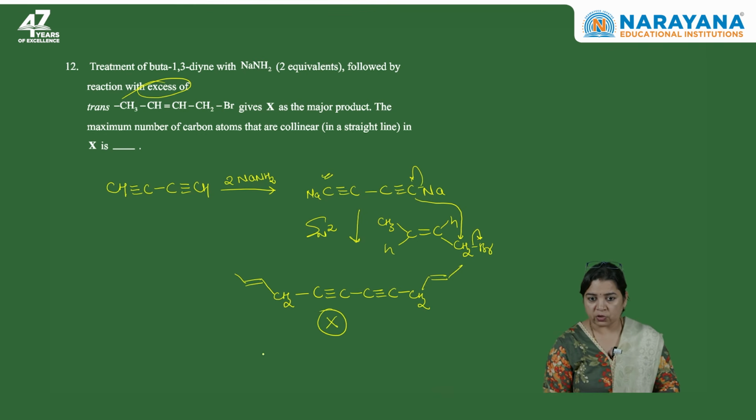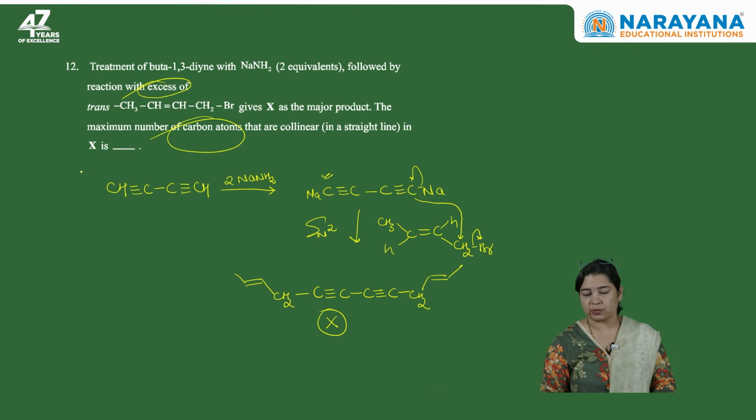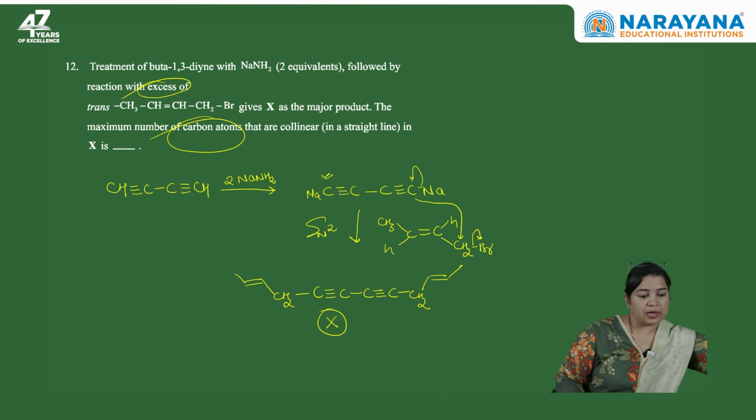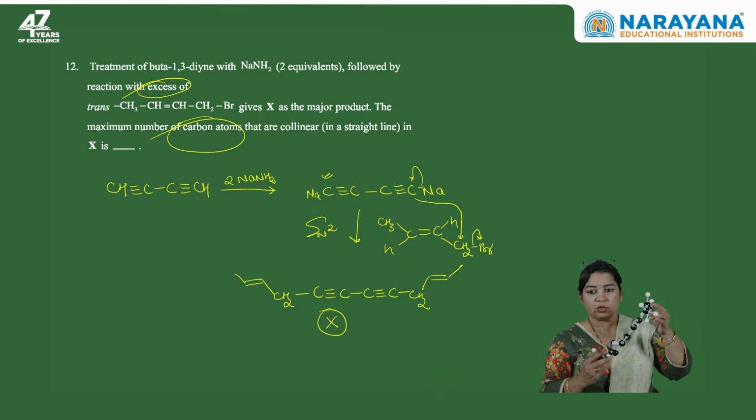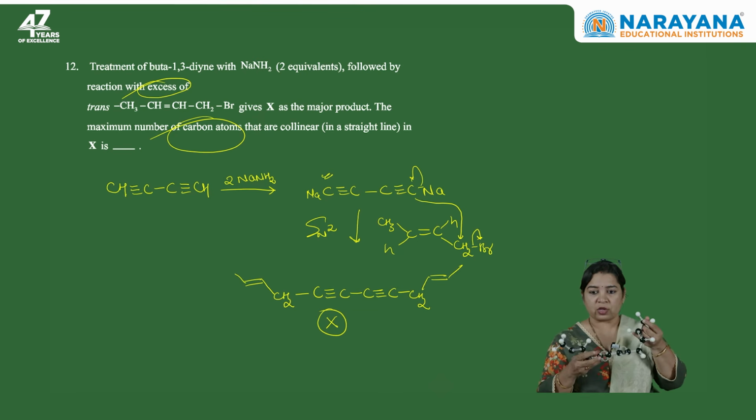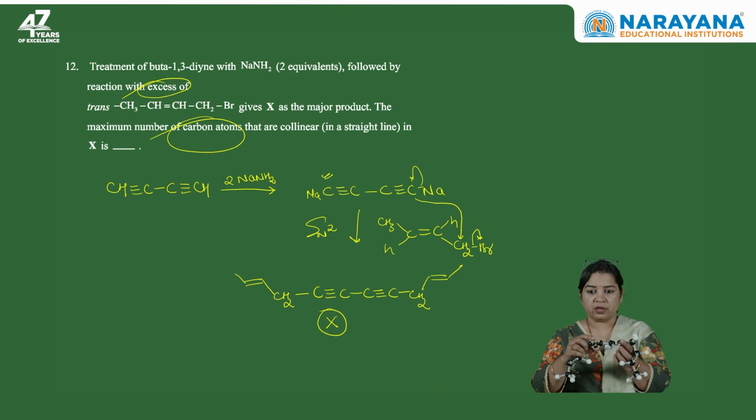Now with reference to this X, what is the question? The maximum number of carbon atoms, not in general atoms, carbon atoms that are collinear, that is they are falling on one straight line in X is. So let me show you, this is the structure. I hope you can see the structure. This here is the diyne portion, triple bond, right?